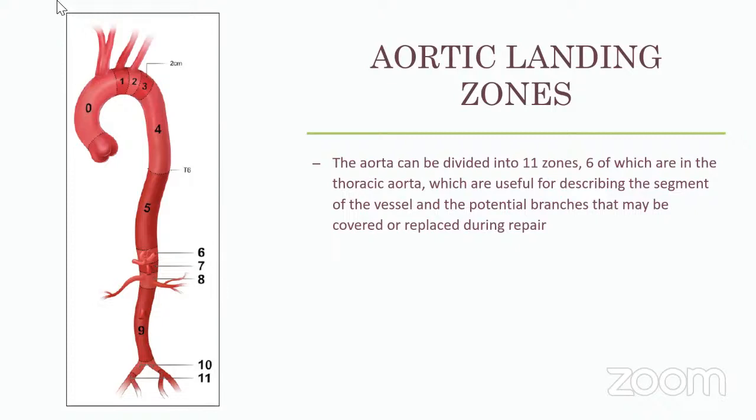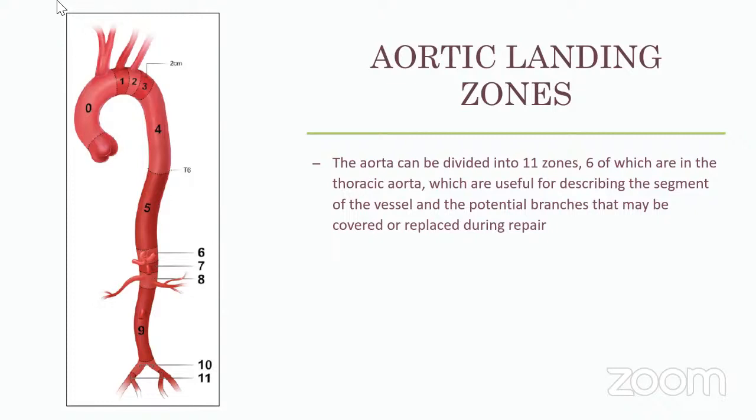Zone 4 involves the end of zone 3 to the mid descending aorta, which is up to the T6 vertebral body. Zone 5, the mid-descending aorta to the celiac artery.